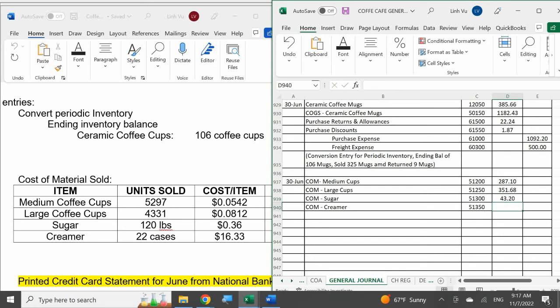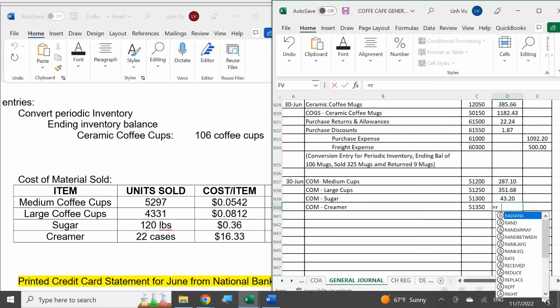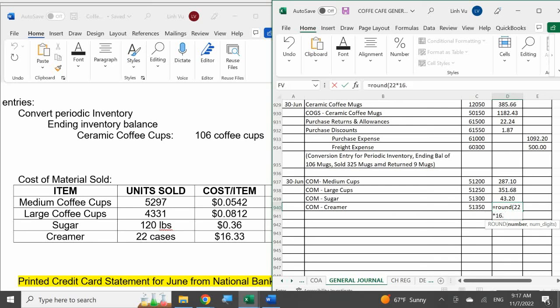Okay. And then the coffee creamer, you used 22 cases, right, at $16.33. That's 359.26.